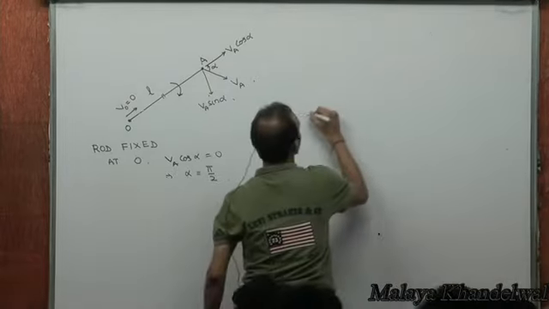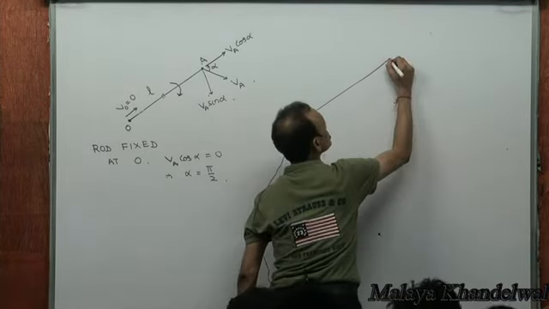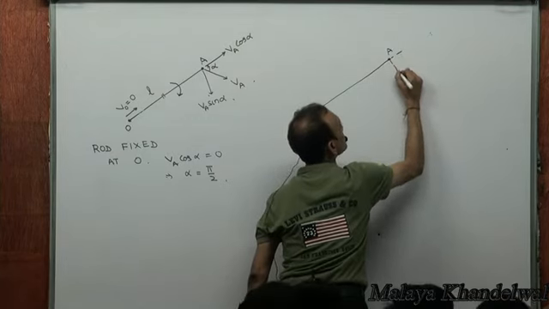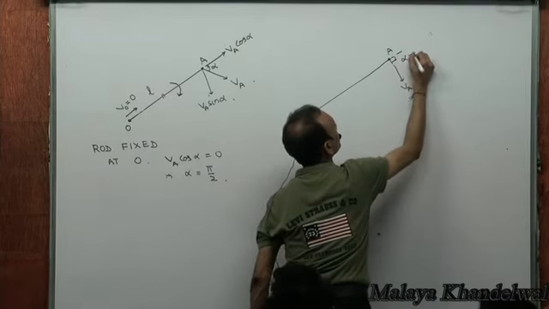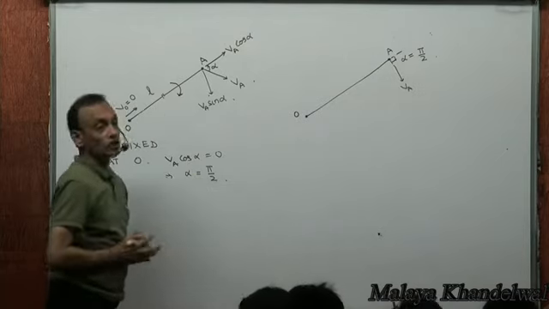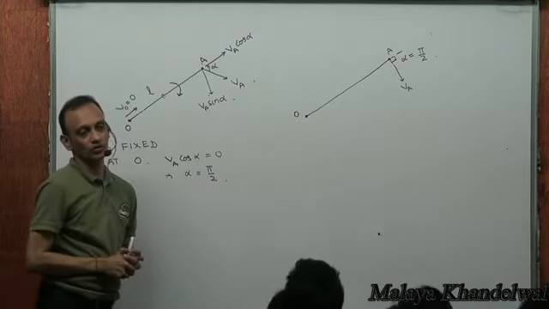If this is O and this is A, then the net velocity of A must be like this, with the angle alpha being 90 degrees. Velocity of A must be perpendicular to the rod.